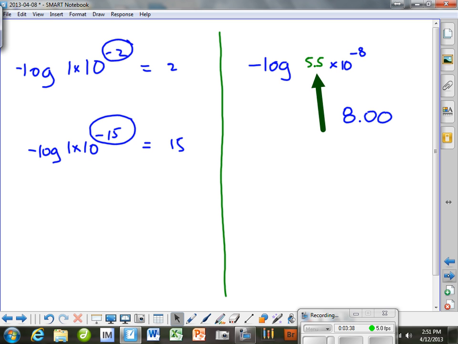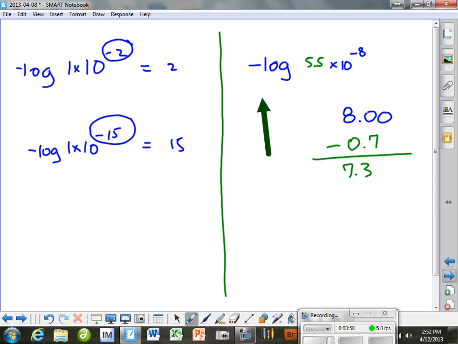Let's go back here, and 0.7 is going to be the number that I am going to subtract from here. And what is my number? 7.3. Okay.